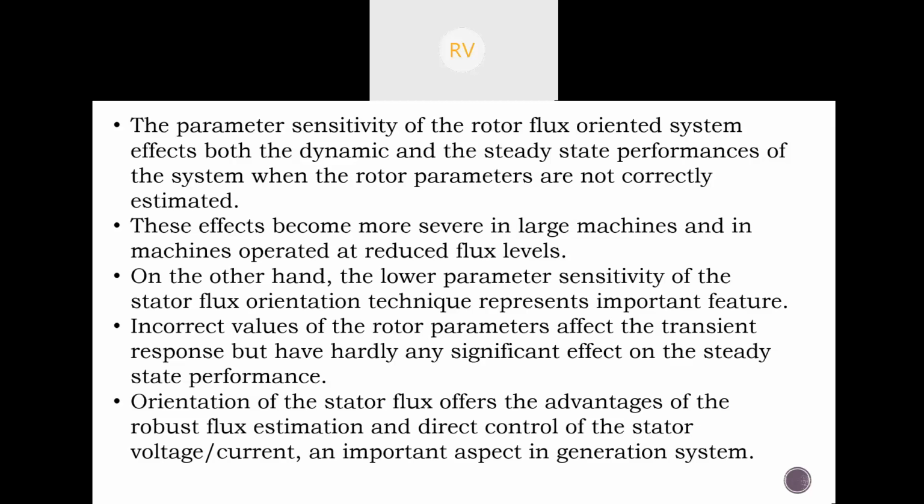Basically, what we are doing is we are trying to make the total system, which in the older or previous discussions was a rotor flux oriented system, into a stator flux oriented system.